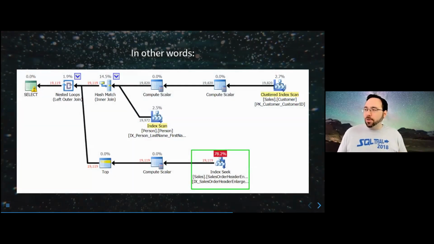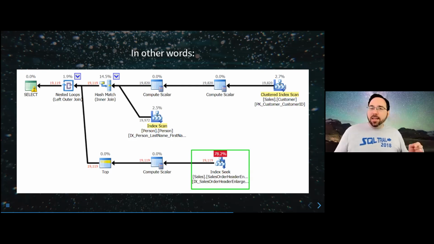And in other words, here I am seeking 19,119, and I want to reduce the number of parent records, reduce the number of customers if I can. I want to increase the number of child rows if I need to. I at least can handle that scale better.